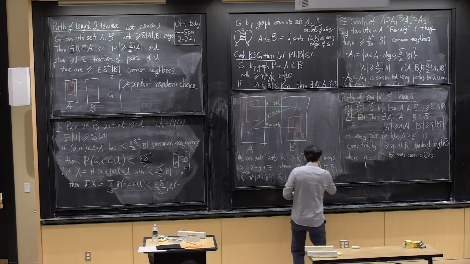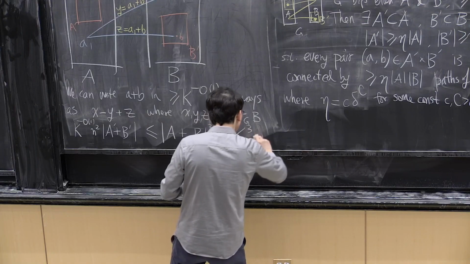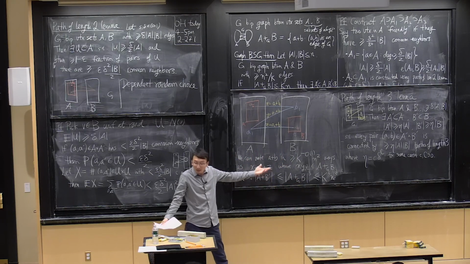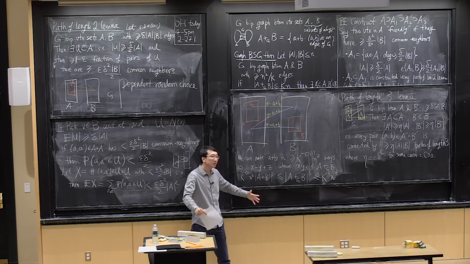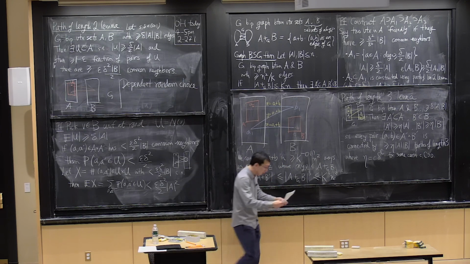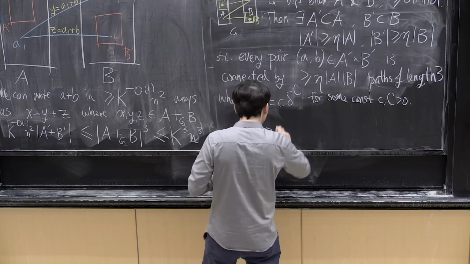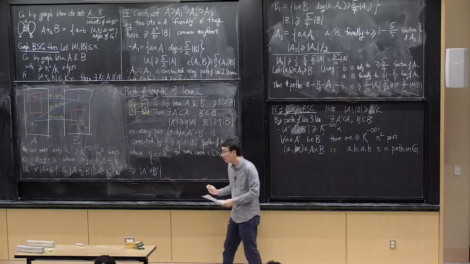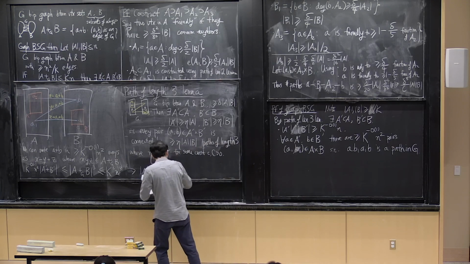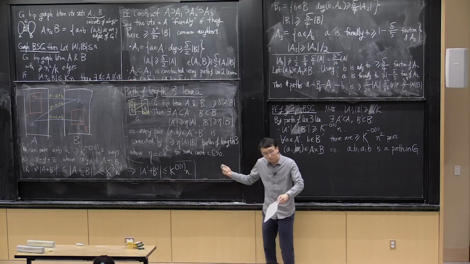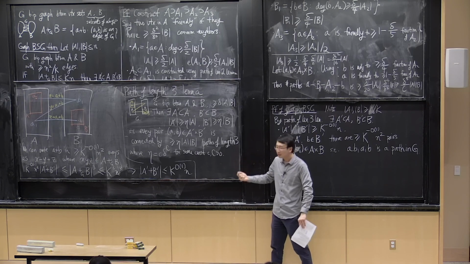So we can now upper bound the restricted sum set by basically within a factor of the maximum possible. And now we are done because we have deduced that the complete sum set between A prime and B prime is at most a constant factor, only changing the constant by a polynomial, more than the maximum possible.